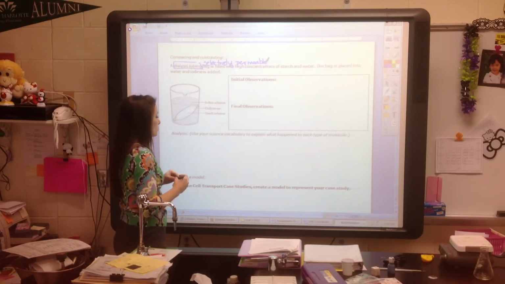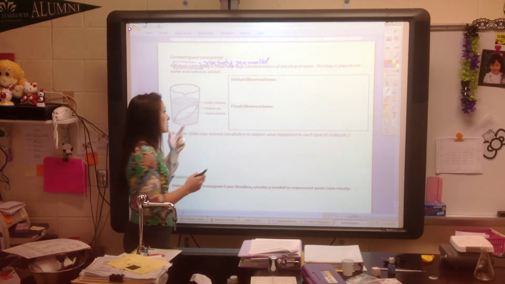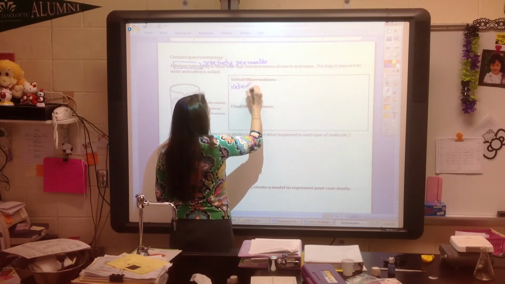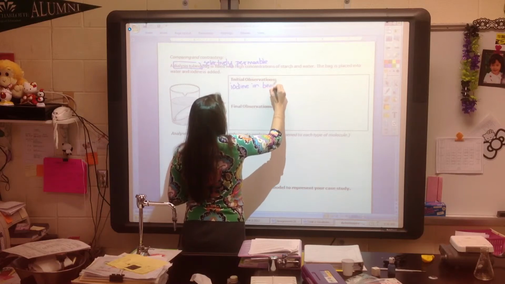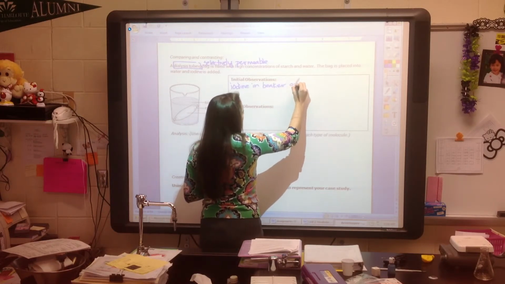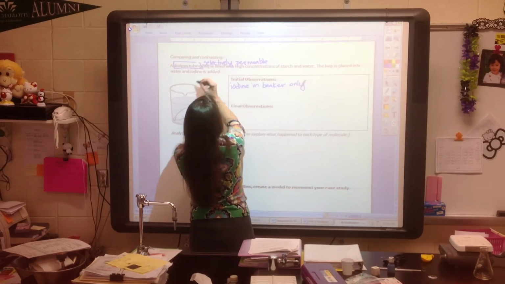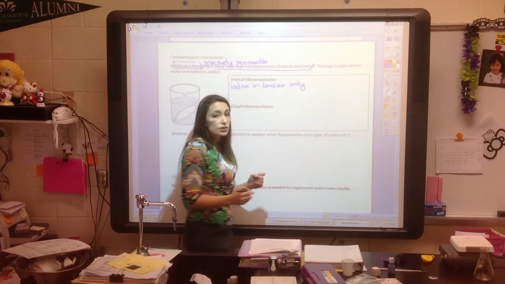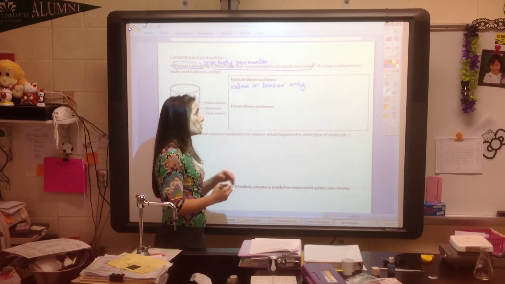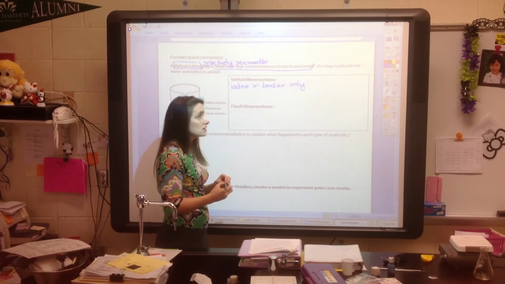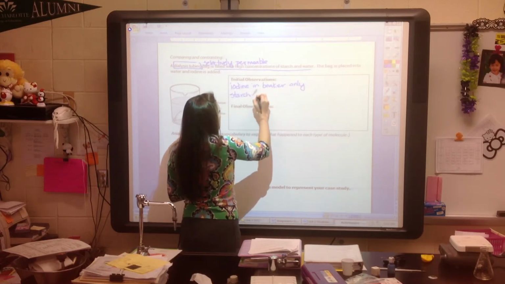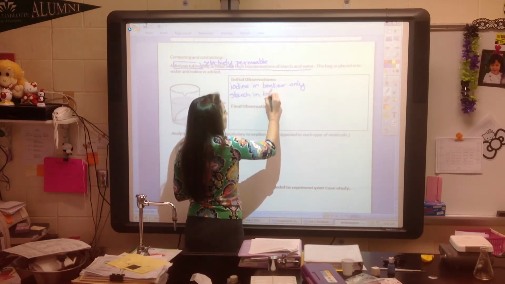Our initial observations, I'm going to go ahead and give you these. Our initial observation is that the iodine in the beaker is in the beaker only. If we look, this bag does not have any iodine. It just has starch and water. So our initial observations are that iodine is in the beaker only and starch is in the bag only.